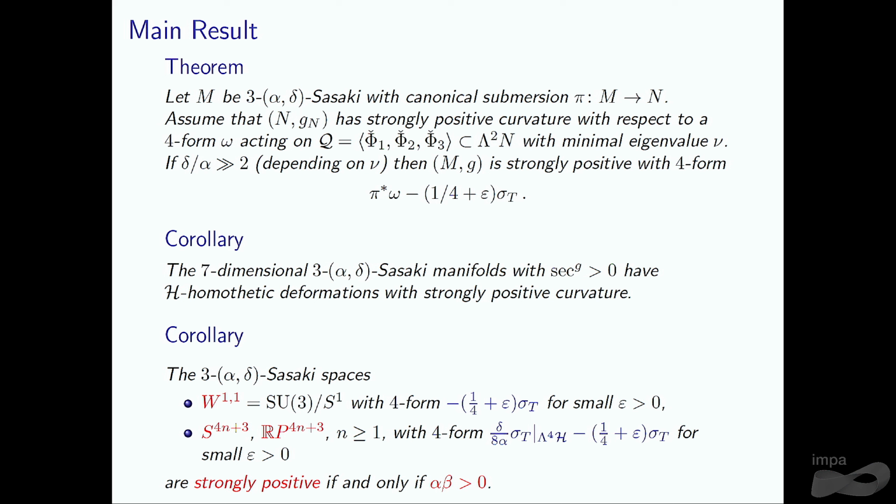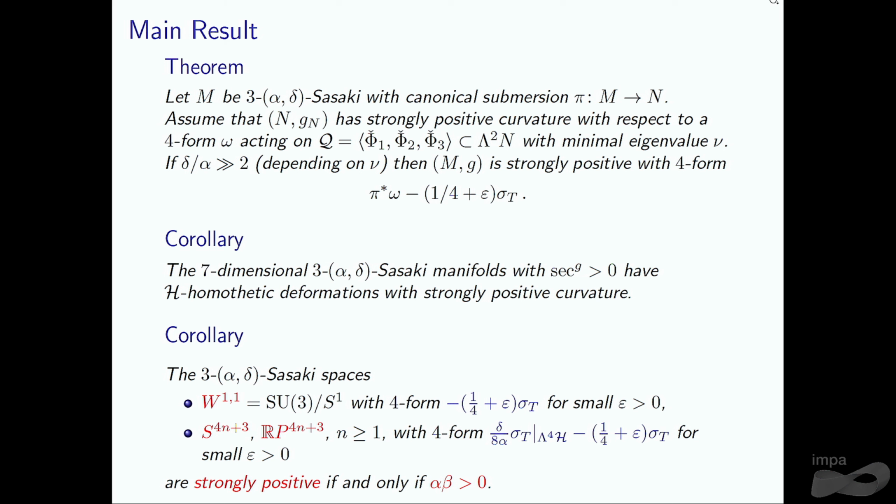Okay, and the corollary in particular is that the 3-alpha-delta Sasaki spaces, which appeared in the work of Betziol and Mendes without saying what the four-form is, now you can apply that, because in that situation we know what the quaternionic Kähler base is. We can tackle the omega and we compute the nu, which is in this general theorem.